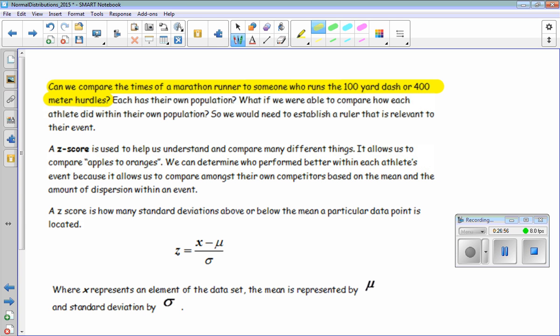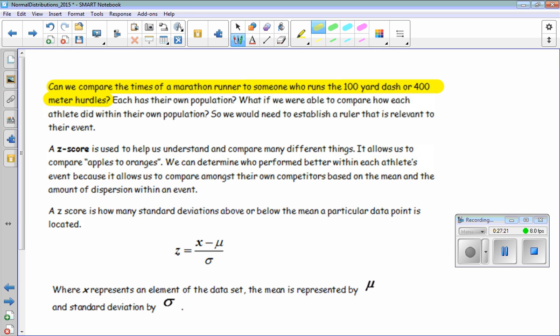Would it be fair to say someone runs faster because they're only running 100 yards? How do you say who did better? A marathon runner is going to take a couple hours, right? But the 100-yard dash is going to take a couple seconds. So would you just say that the 100-yard dash always ran faster? No. You have to look at them in respect to their own groups, right?